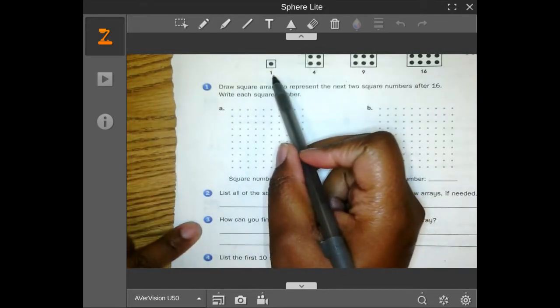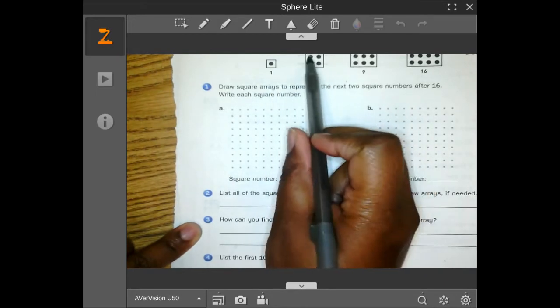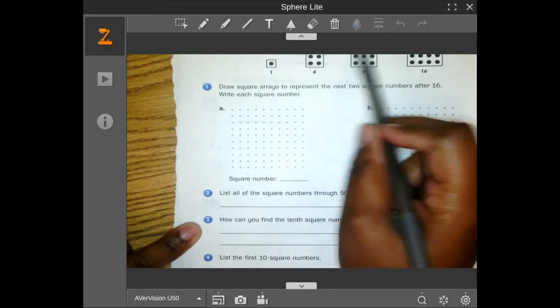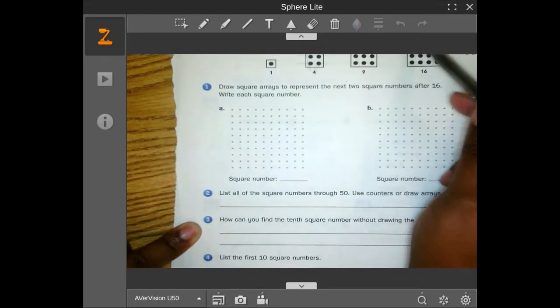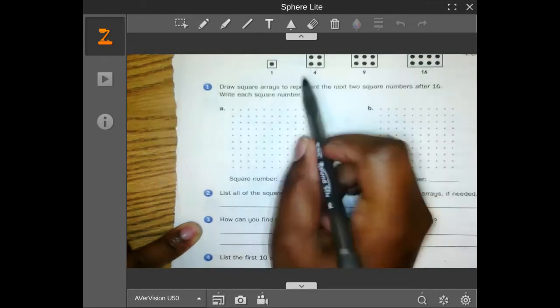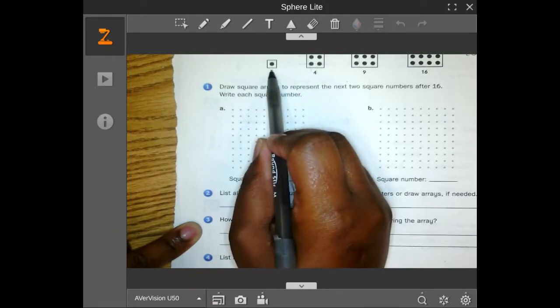For 1, we had 1 square. Then we had the number 4. We had 2 rows, 2 columns. Then we had 3 rows, 3 columns. And then 4 rows, 4 columns. Again, we had 1 row, 1 column.